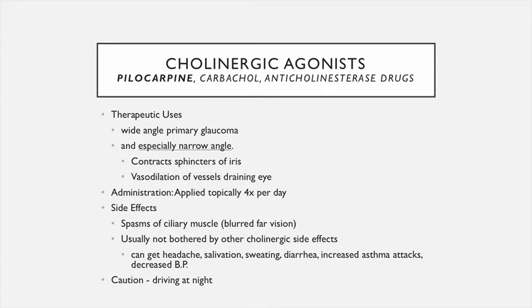There's not a whole lot of side effects because we're giving these locally, but you might have some local side effects. One that is common is the spasm of the ciliary muscle, which causes blurring of far vision. That's pretty common with a lot of our drugs. Other than that, the things you would expect with a cholinergic drug, like sweating, motility, diarrhea and potential airway constriction, are not likely to be a problem because you're administering them topically.